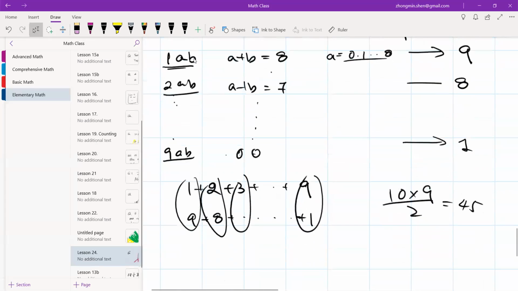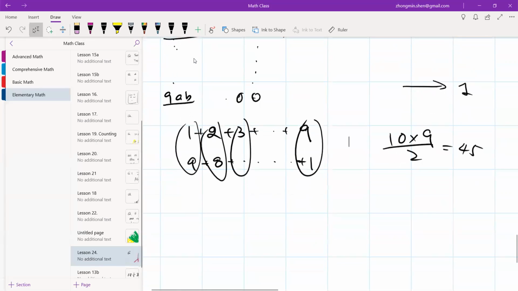So if I change the problem a little bit, let's redo the problem here.